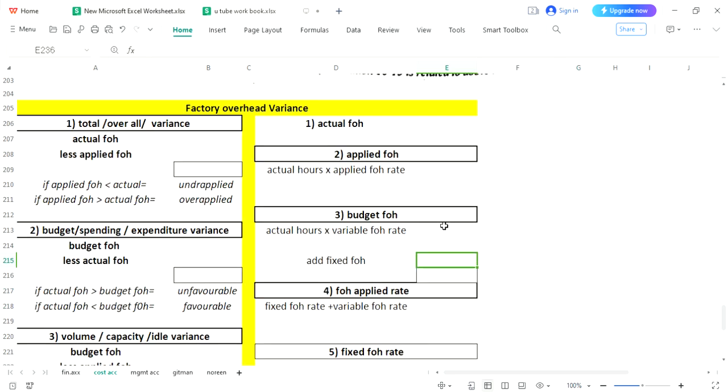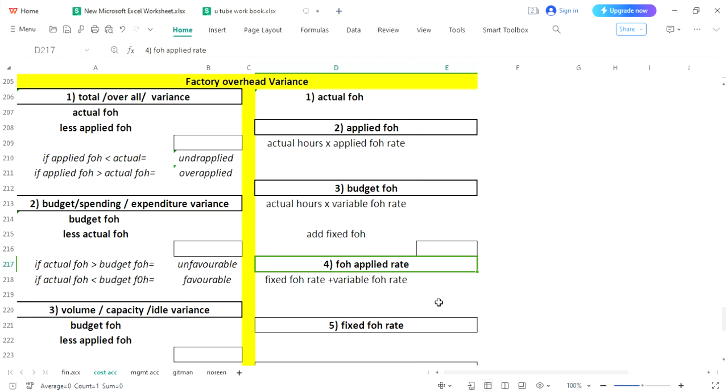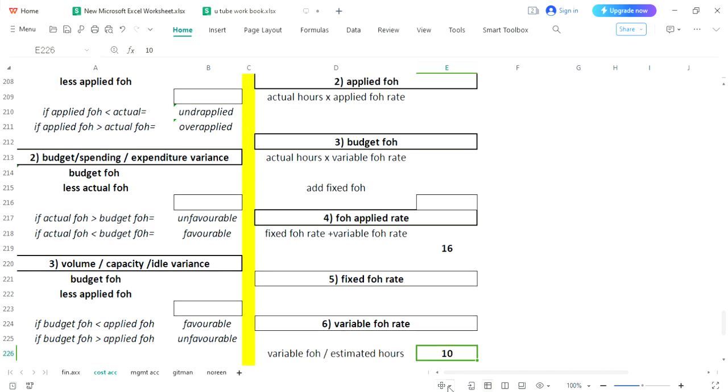Now one very interesting thing is that the total rate is already given. 16 is the total FH rate, while you were supposed to add the fixed FH rate and the variable FH rate, but here, without calculation, 16 is given in your question. So it has been completed. Now it's time to see how we will calculate the fixed FH rate. You know that the variable FH rate is 10 and the total FH rate is 16.